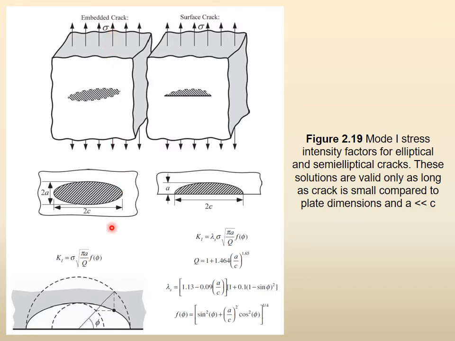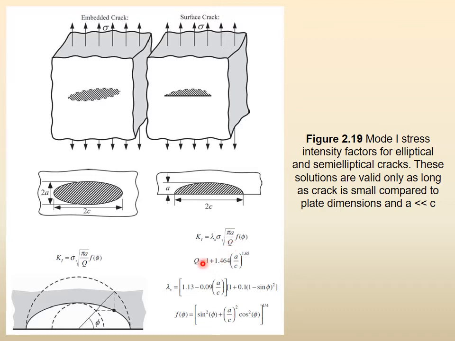And then if you want to define a stress at any given point, not a stress intensity, then you define something, right? That K1 is defined in terms of all this. Lambda S we will define later, Q we will define later, right?